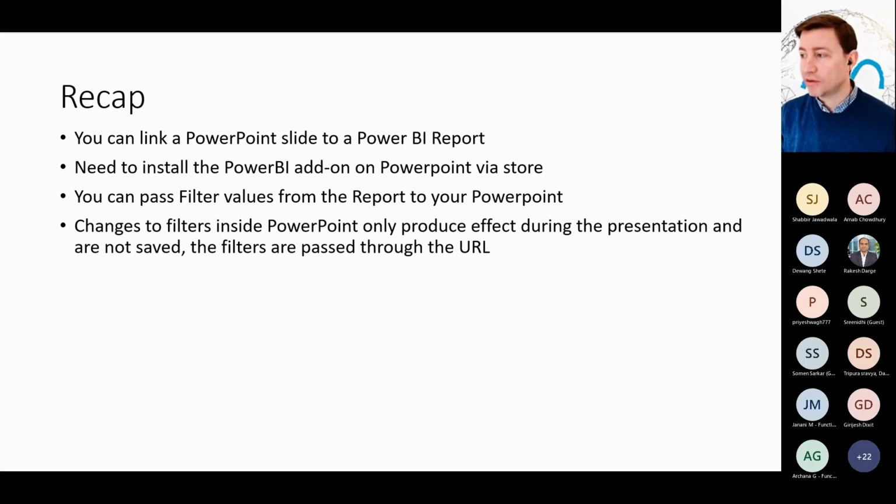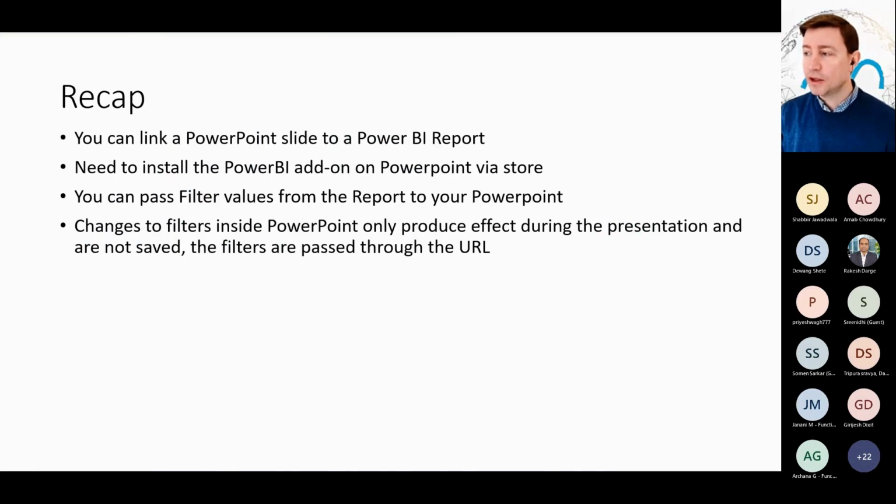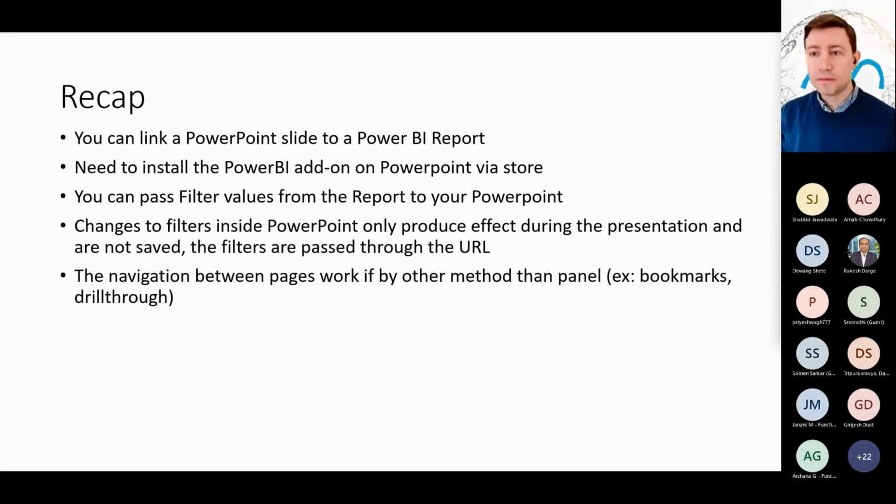You could see that after I reloaded my report a second time, the first page had the filter with all the countries, the second page had a filter for USA, the third one Mexico, and so on. The navigation between the pages works by any method other than the panel that we have on the Power BI service, because that object doesn't exist in the PowerPoint.